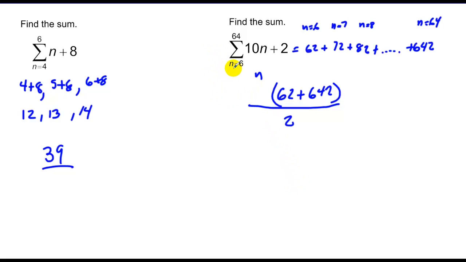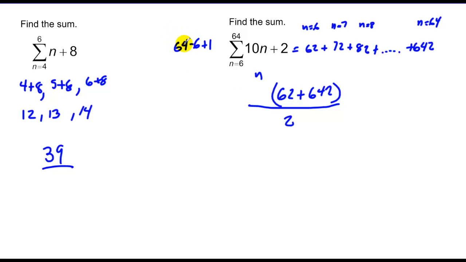Well, if I'm going from 6 to 64, one might think there's 58 terms. But that's not true, because I went from 4 to 6, and I actually had 3 terms, not 2. So really what you need to do is take the top, 64, subtract the bottom, and then add 1, because you have to include counting the 6th term.